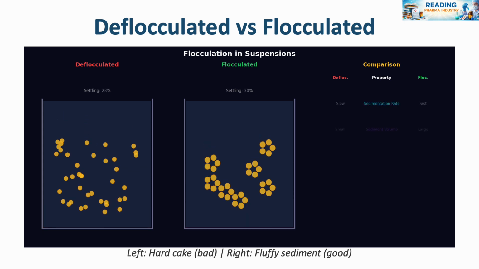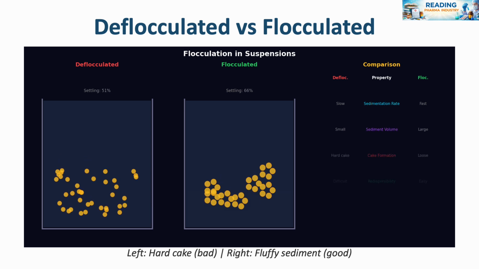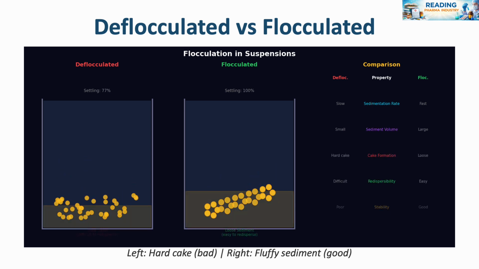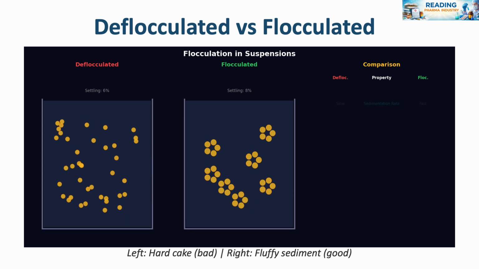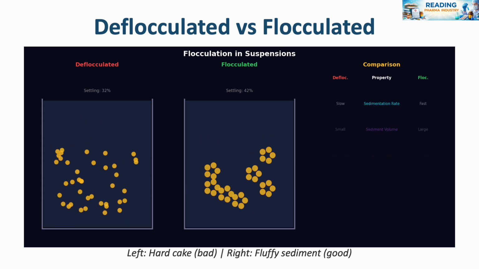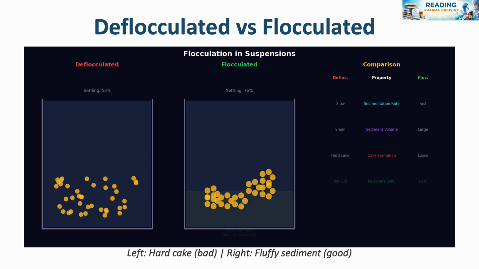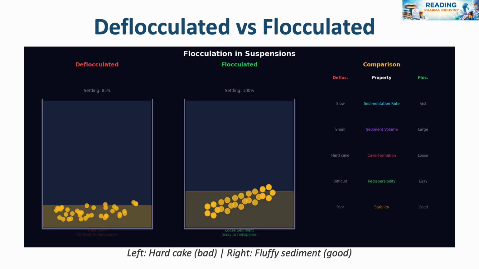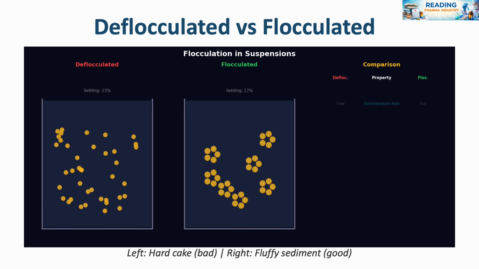We need a balance between the sedimentation rates. Floccules will sediment fast compared to the deflocculated ones, and they will often be larger compared to the deflocculated particles, which form smaller aggregates.